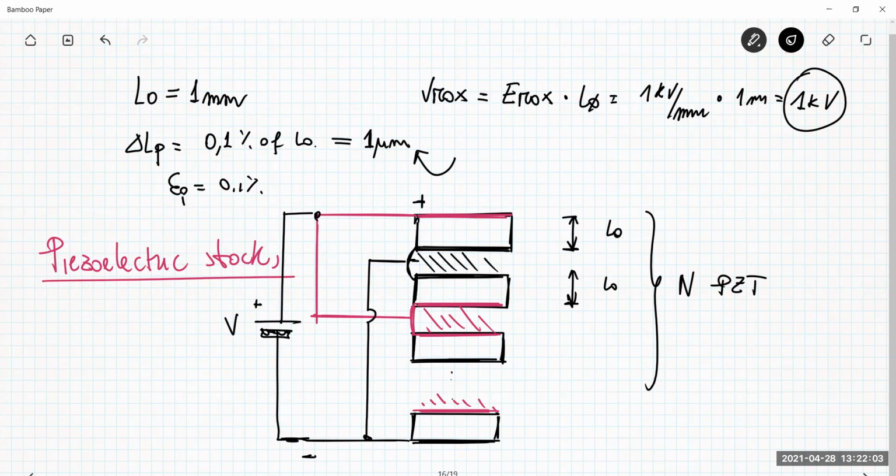So what happens to this construction? Basically, the total length now, they are all the same, so it is n times the length L0.